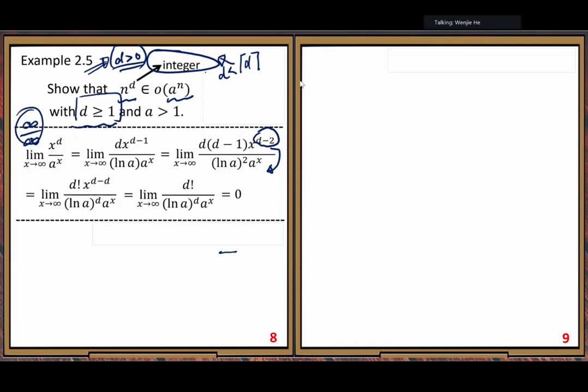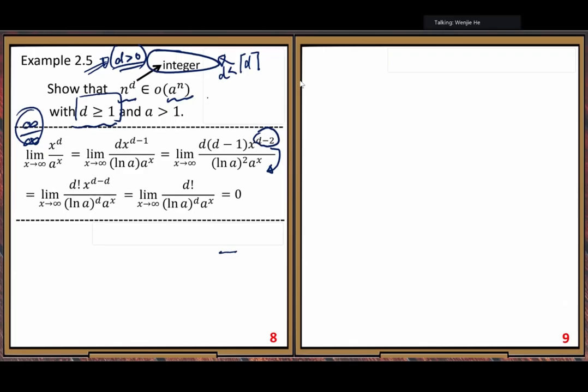So then we use the ceiling function of d as a stepping stone to help us find the limit. Let me just quickly show you the steps.